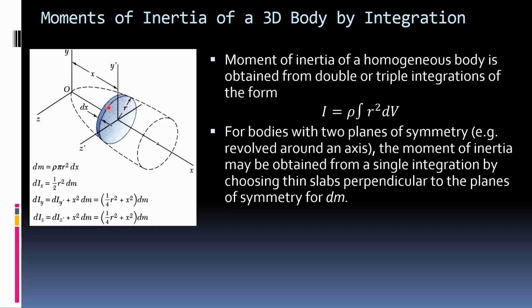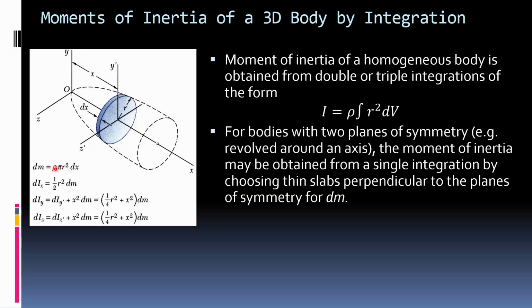Well, look at this. If we pick this little disk, as this moves along, at any point in time, you can have this dm. So what is this dm? It's the differential mass. The differential mass is going to be the area of the differential disk times its thickness times its density.